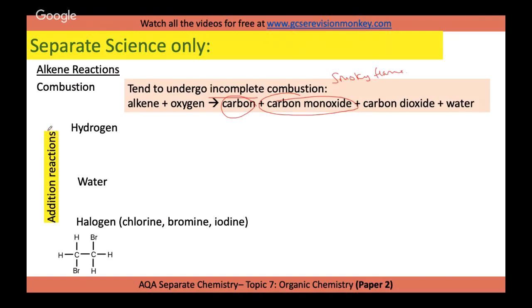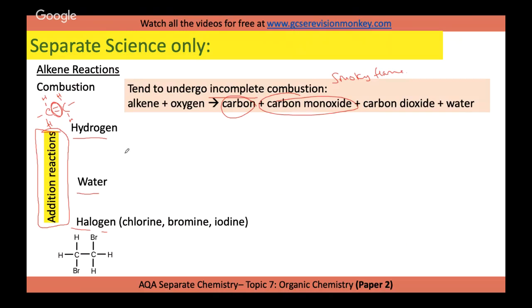There's several addition reactions that they can go through. So they can add hydrogen to them, add water, or perhaps add a halogen. And in all of the times, they basically are opening up that double bond. So if we had ethene here, in the reaction, they are opening up this double bond so that they can add things to the molecule.